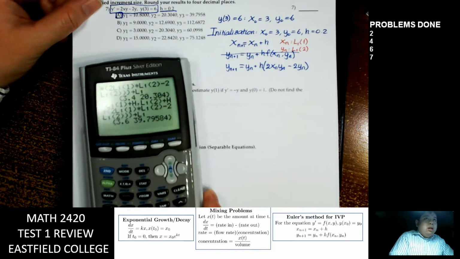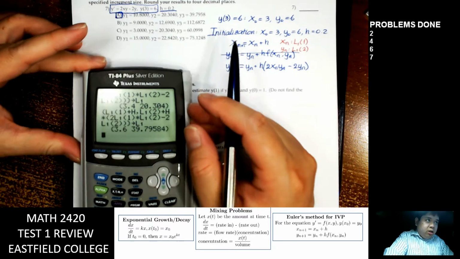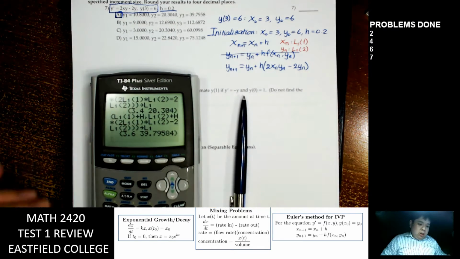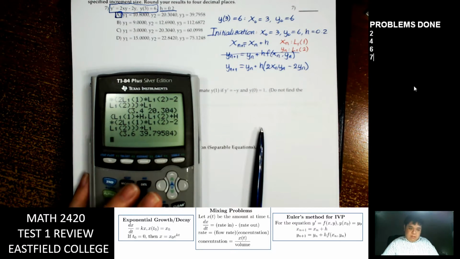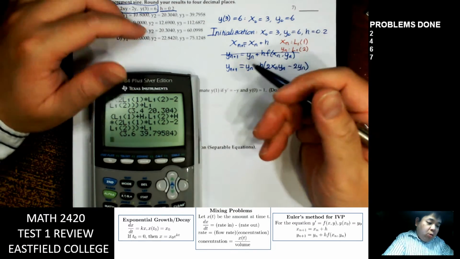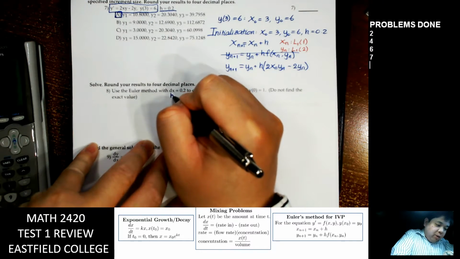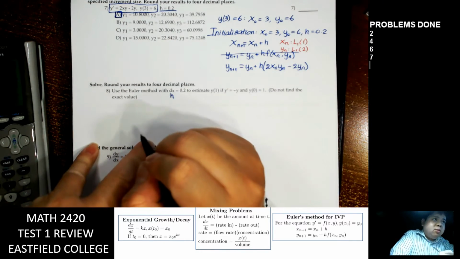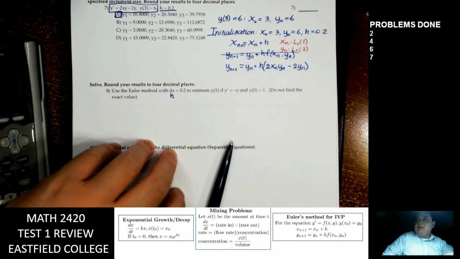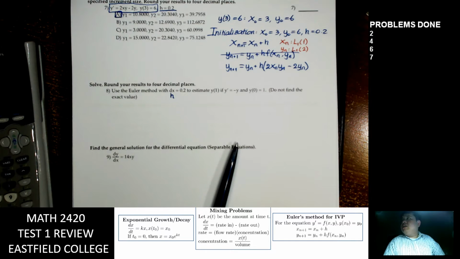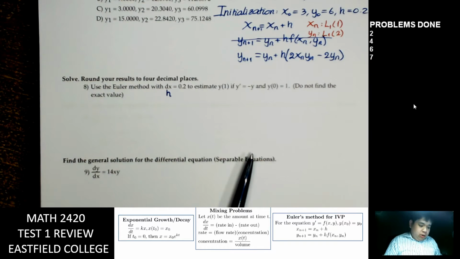Pretty much, again, this is the recursion. Of course, for the next problem we can do the same thing. dx here is going to be h. We just keep doing that until we have x equal to 1. We don't need to do that.